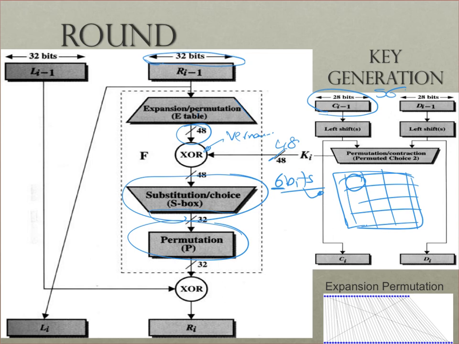Yes. So the main objective here is by doing all of this, you make the ciphertext have absolutely no correlation to the plain text in any way. That's what we are trying to do here. Because the Vernam cipher preserves this correlation.